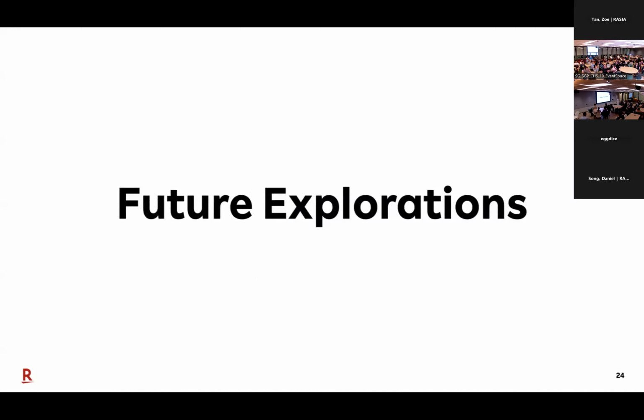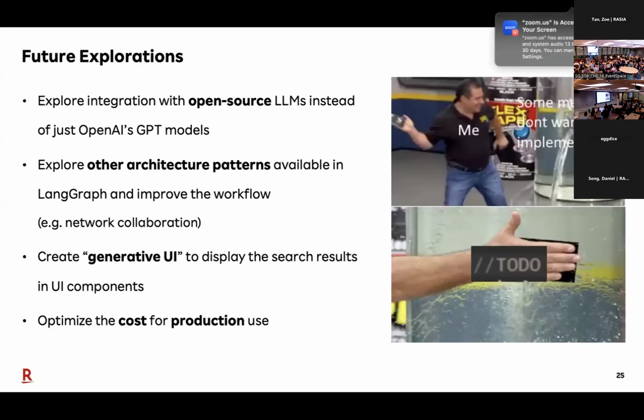Let's now talk about some future explorations with LangGraph and our application built. Firstly, we want to explore more integration with open source large language models instead of just the OpenAI GPT models, because I believe you all know that nowadays many open source models have better capability in reasoning, mathematics, and coding questions than OpenAI's models.